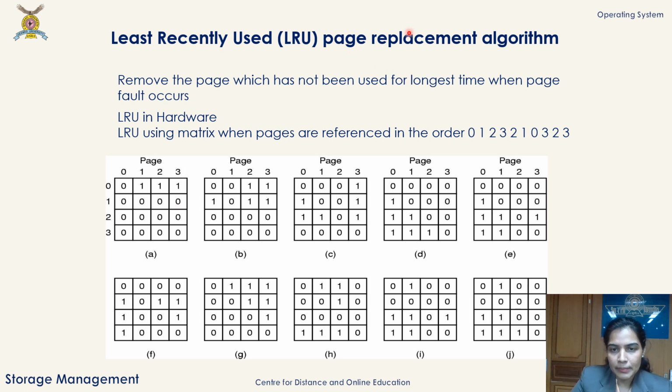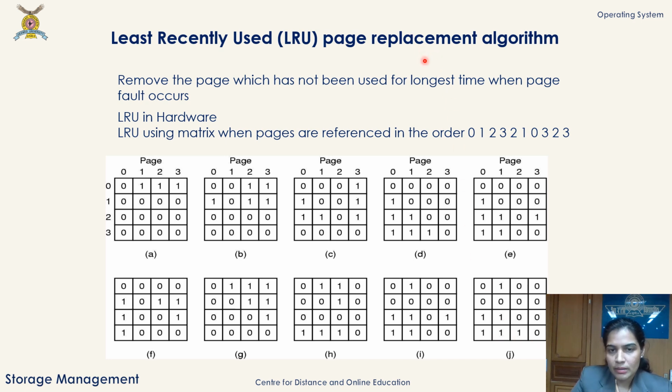Now at any time the row with the lowest binary value is the LRU page in the matrix. Here you can see page frame 0 has the value 6, page frame 1 has the value 0, page frame 2 has the value 12 and page frame 3 has the value 13.